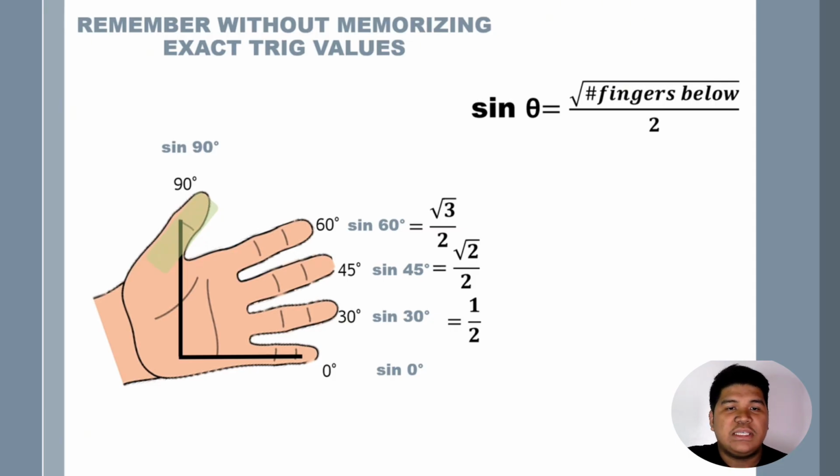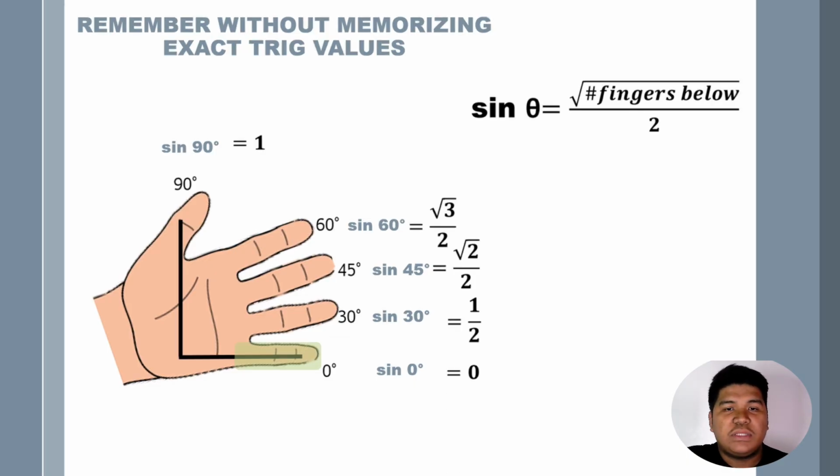So sine 90 is equal to square root of 4 over 2. The square root of 4 is 2, so it is 2 over 2, or just simply 1. Lastly, for sine 0, there is no finger below the highlighted finger. The answer is sine 0 equals 0.